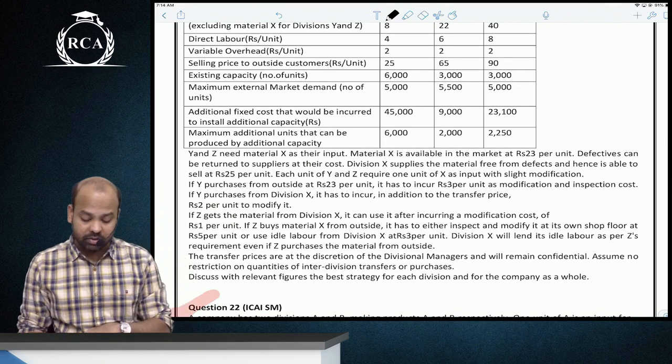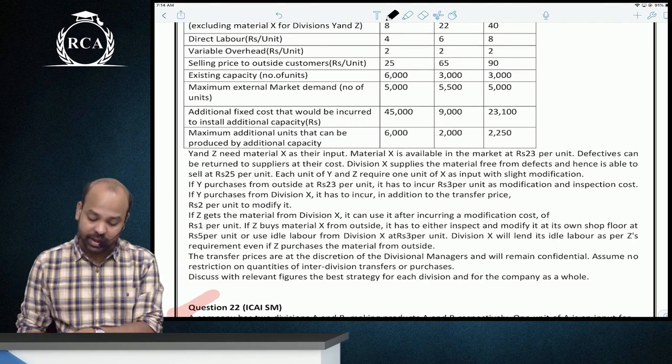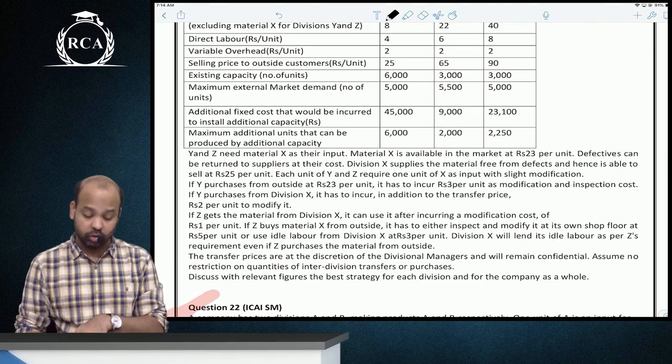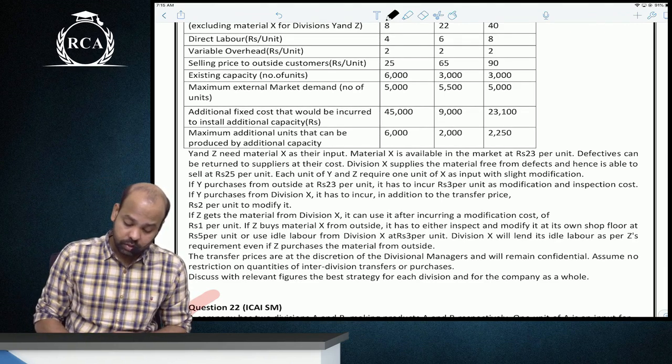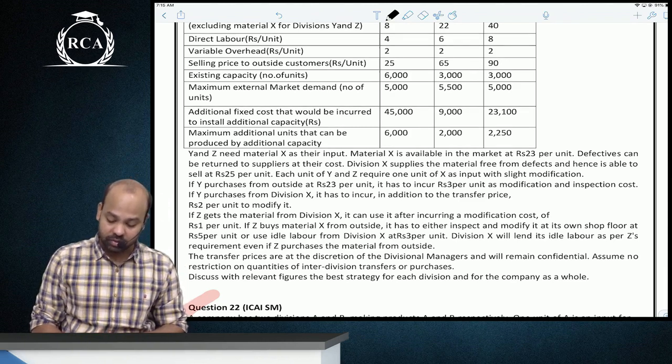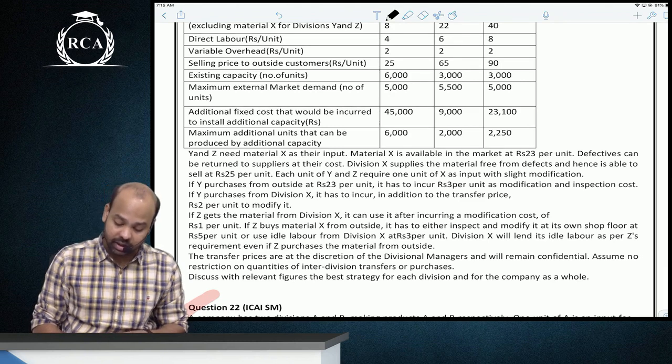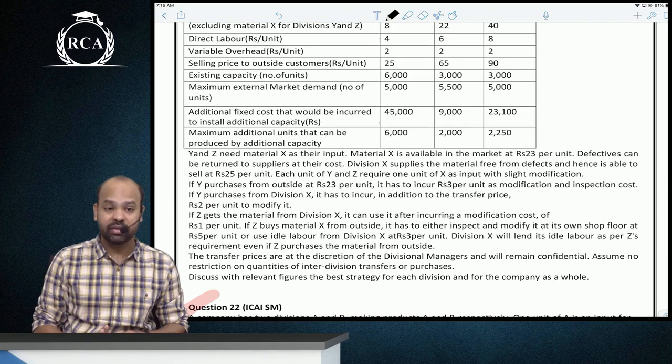If Z buys material X from outside, guys, it has to either inspect and modify it at its own shop floor at 5 rupees per unit, or use idle labor of division X at 3 rupees per unit. Division X will lend its idle labor as per Z's requirement even if Z is purchasing materials from the outside market.